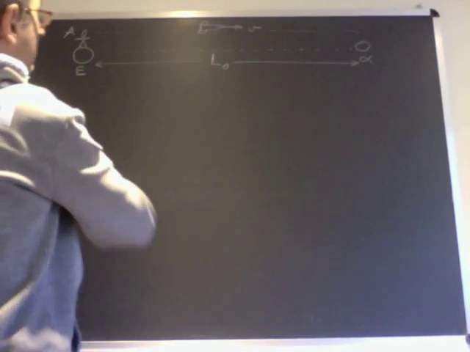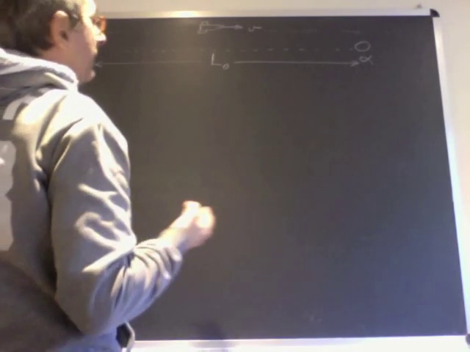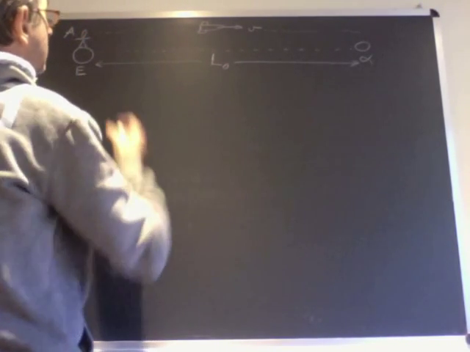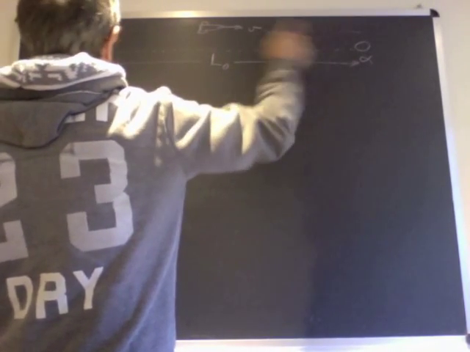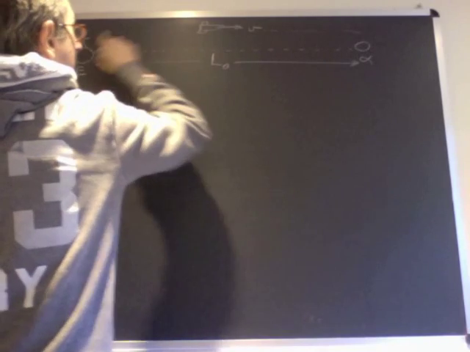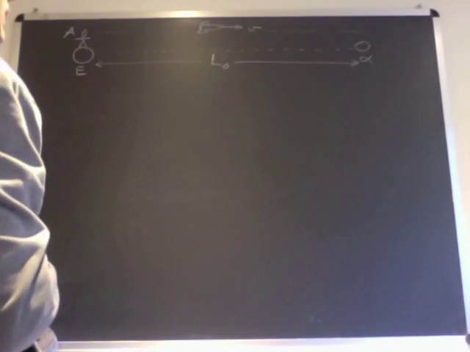So for the terrestrial observer Mr. A, it is very easy to calculate the time for the trip between the Earth and Alpha Centauri of our spaceship.